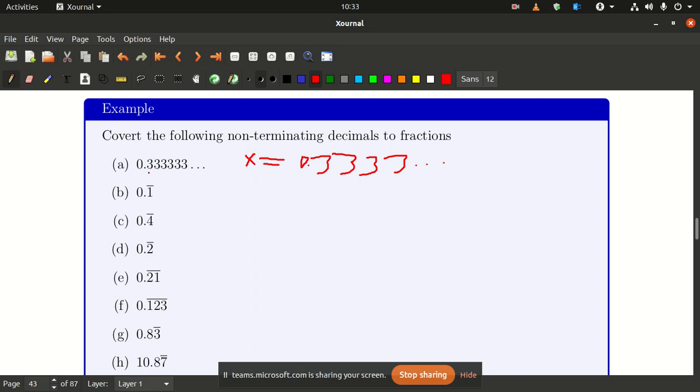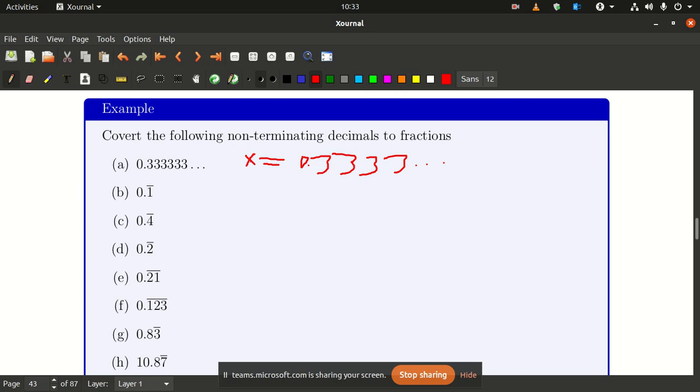So the first step is saying we have x, which is this decimal here. The next thing is we want to move the decimal point to the right, such that, if possible, x and that number have the same numbers after the decimal point.